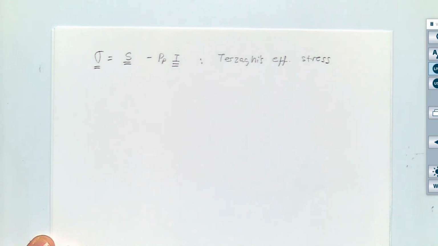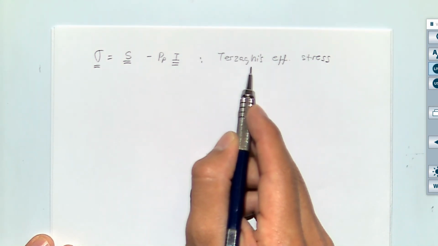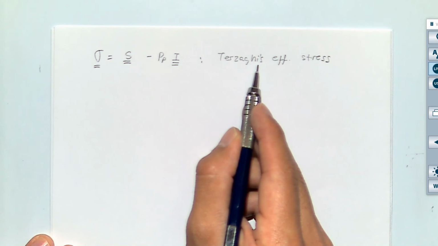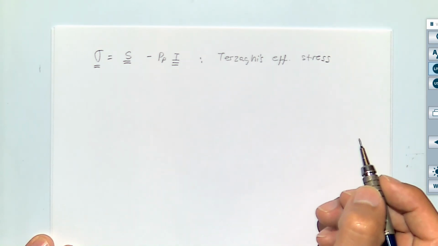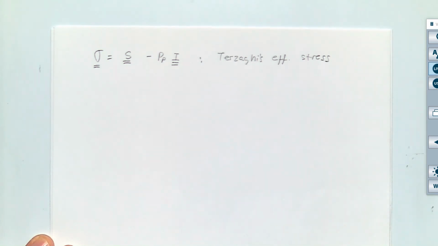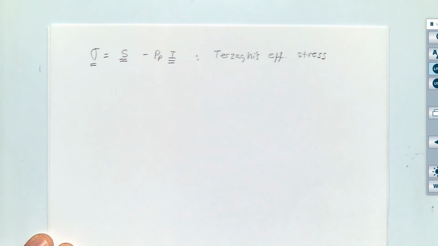No, it's a Hungarian name. Yes, this guy is from Hungary, and then he went to work in Austria, and then after Austria, he came to the U.S. Very famous guy in the area of rock and soil mechanics.